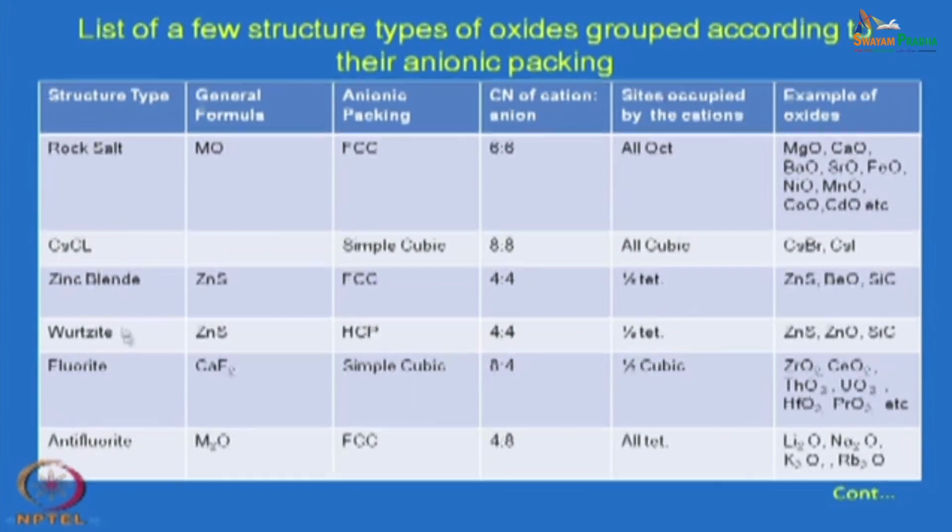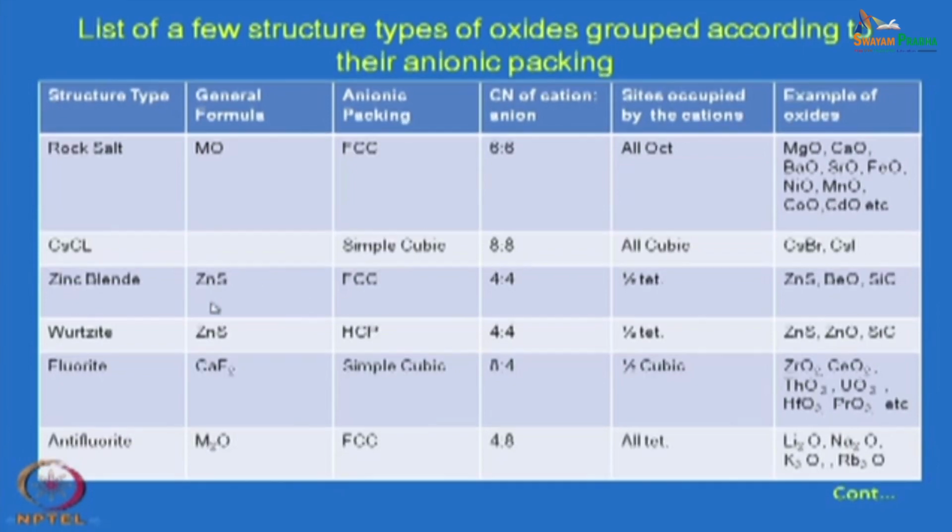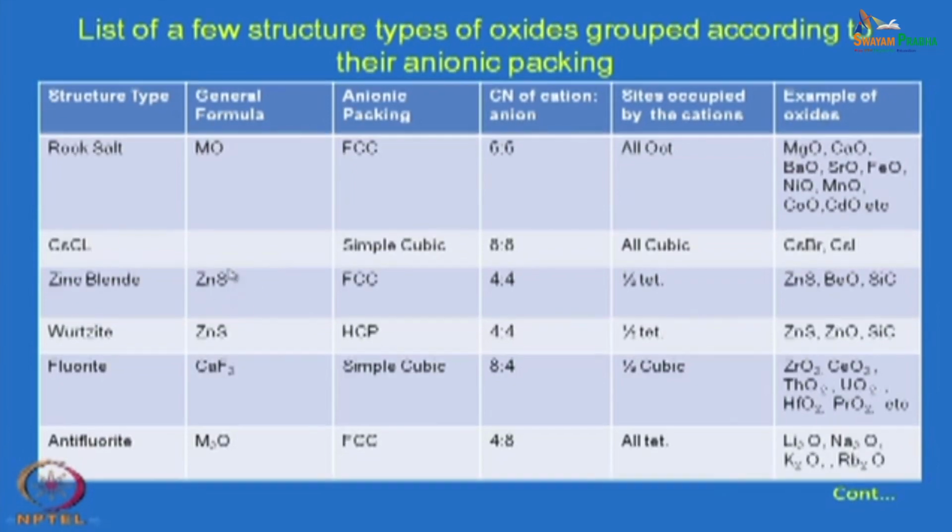This is one simple structure type. This we did not discuss earlier, but some oxides do crystallize in this particular structure. This is zinc sulphide. Zinc sulphide in fact has two different polymorphs. One is called zinc blende and the other is called wurtzite. The main difference is here.